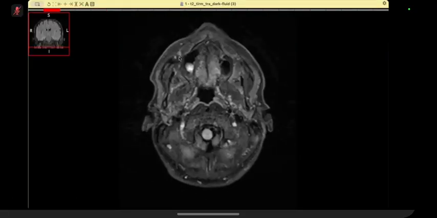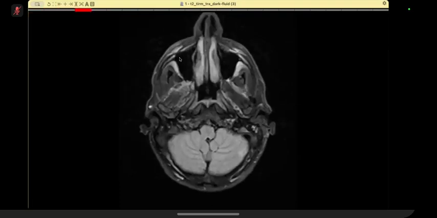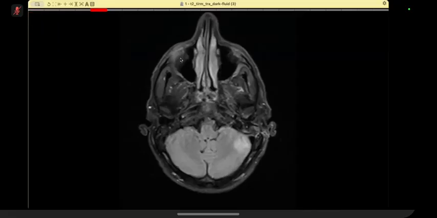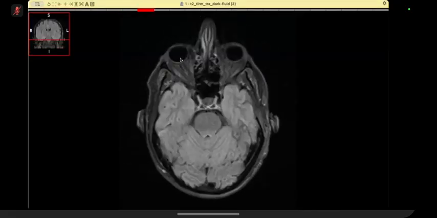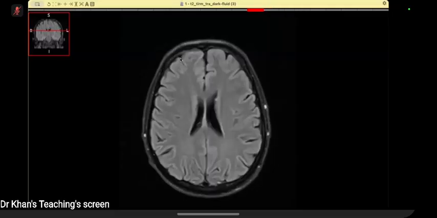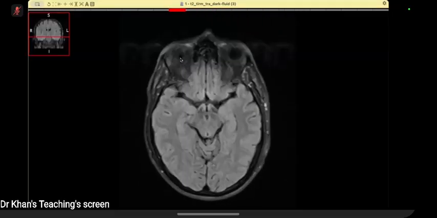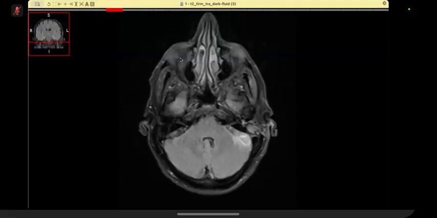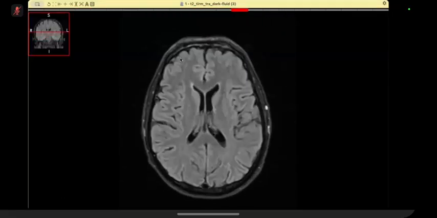Yes, but if you see a STIR sequence in the pelvis, it will show you every vessel of the pelvis. Does it mean it's contrast enhanced? Okay, sir, this is FLAIR. Why do you say so? Because the brain parenchyma looks like typical FLAIR imaging. White matter is hyperintense, gray matter is hyperintense.